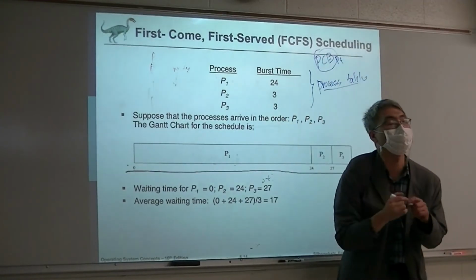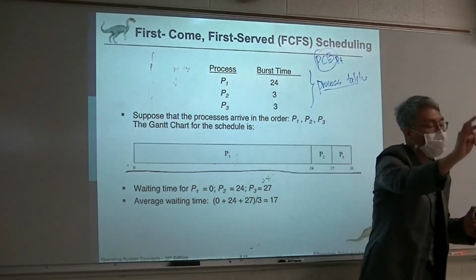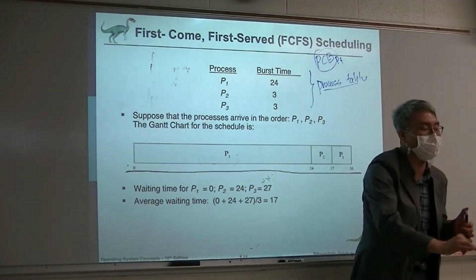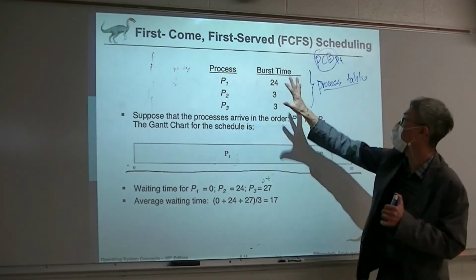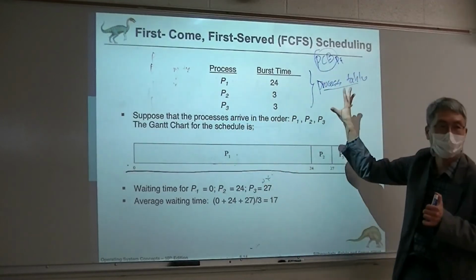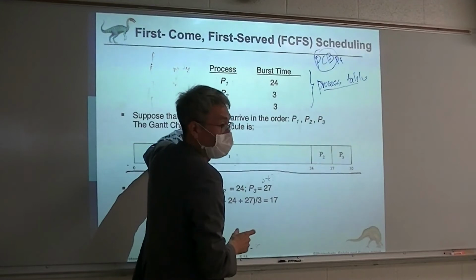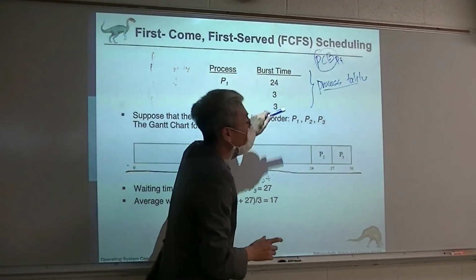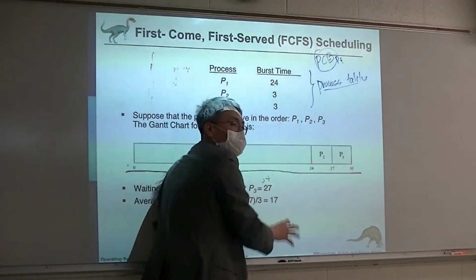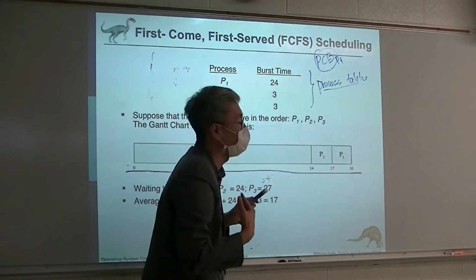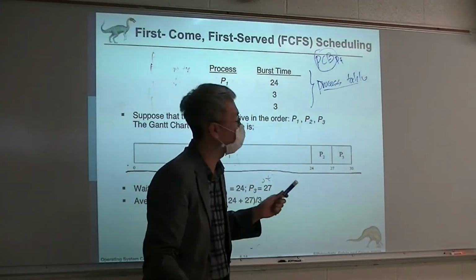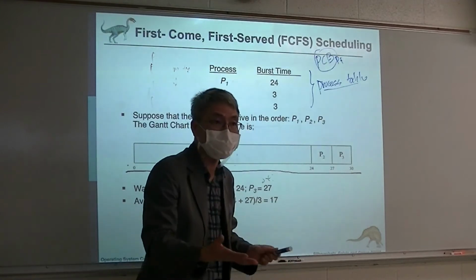It has the CPU burst time. It has the process ID. It has the process name. It has everything. But here is a simplified process table. What we need is the process name and the burst time. P1 needs 24 CPU time slots. P2 needs 3 time slots. P3 needs 3 time slots.